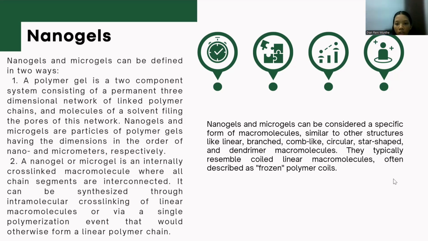Nanogel and microgel can be considered a specific form of macromolecule similar to other structures like linear, comb-like, circular, star-shaped, and dendrimer macromolecules. Three, they typically resemble cold linear macromolecules, often described as frozen polymer cores.